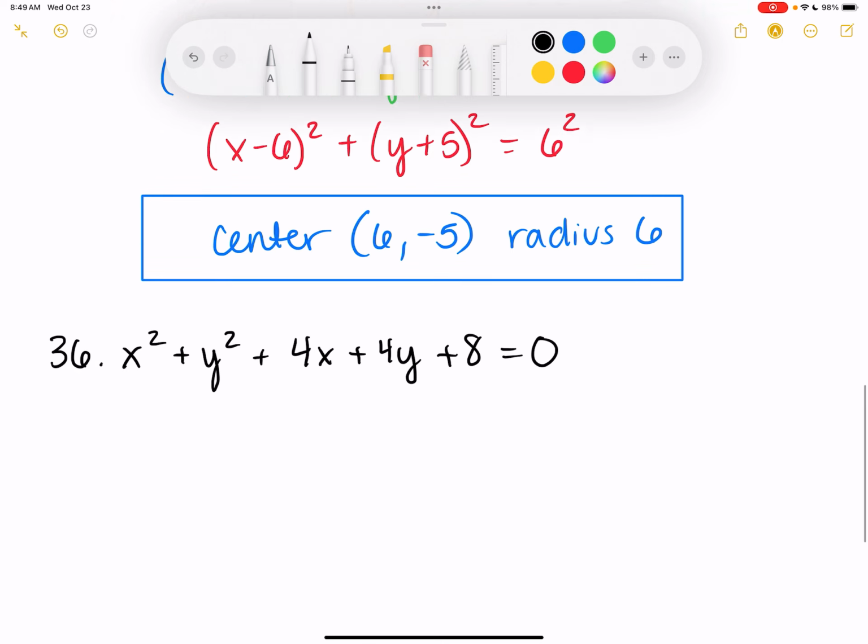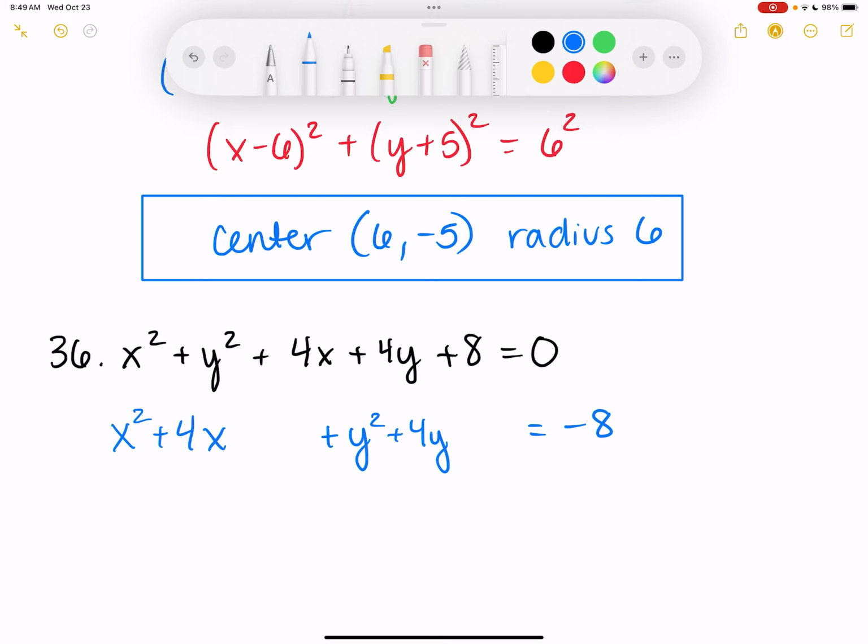So let's see if y'all can tell me what to do with this one, start to finish. Yep. So I'm going to get the x's together. I like to go ahead and leave room. If you don't leave room, that's okay too. Plus y squared plus 4y. And what do I do with this 8 over here? Move it over. Yep. So by subtracting, so negative 8.